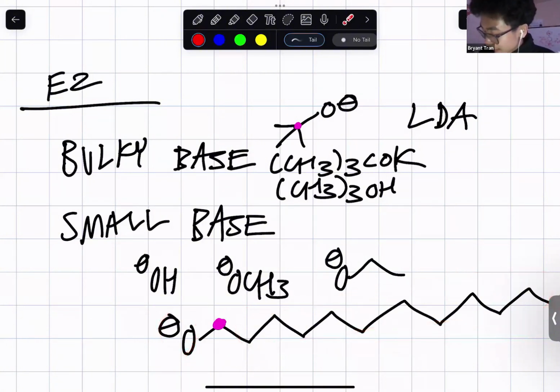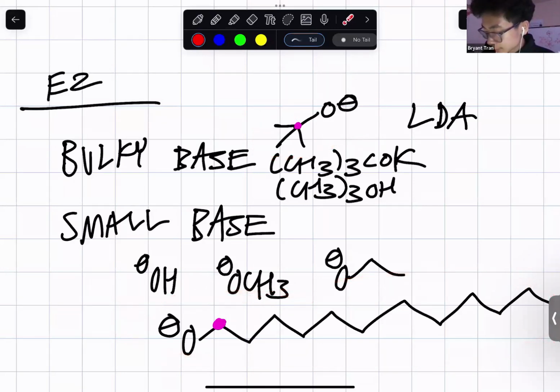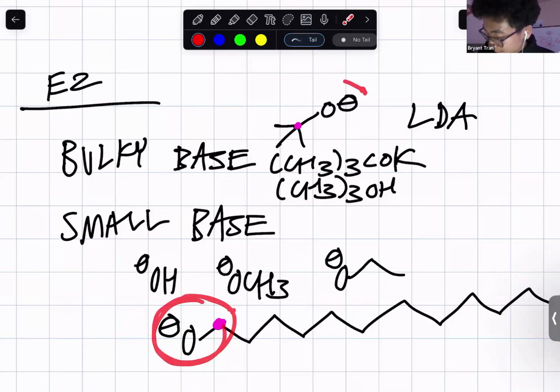But as long as you put one more substituent on that one carbon, that's considered bulky now. It's considered hindered now. So even this long thing right here, even though it looks bigger in terms of length, it's not considered bulky because at the reacting area, it's not as crowded. We're just worried about this area here.